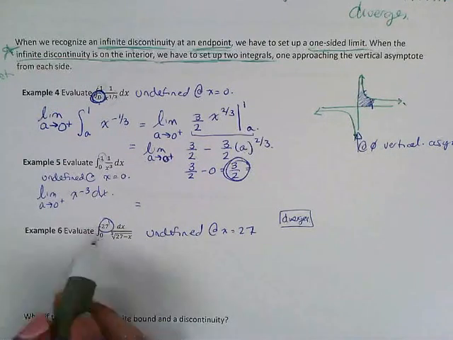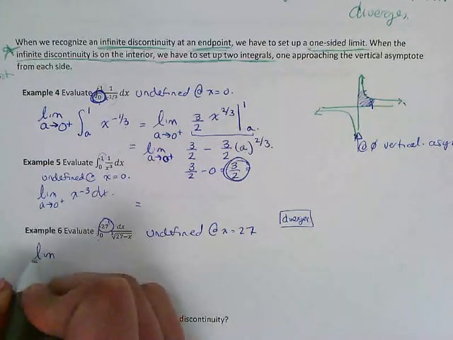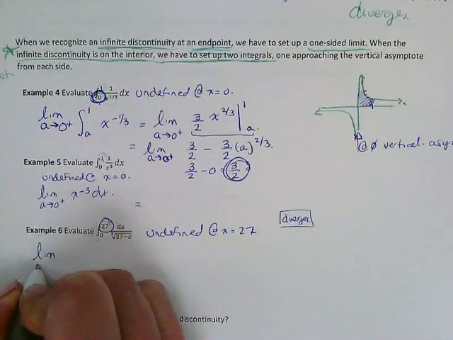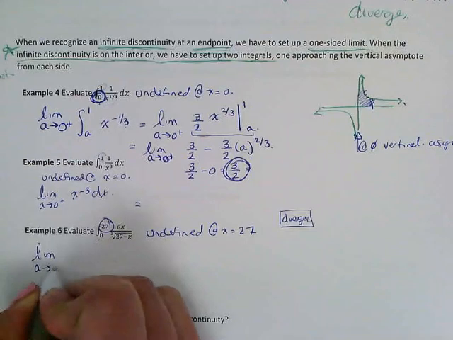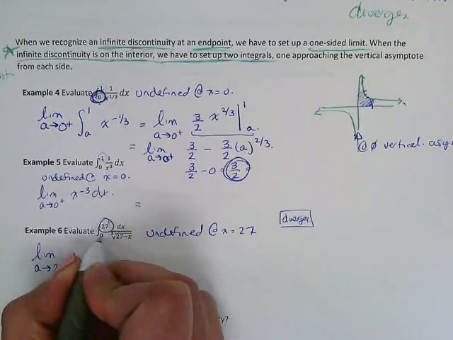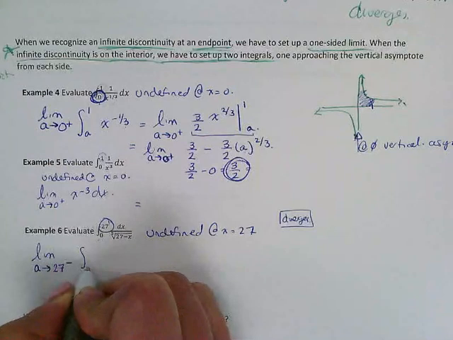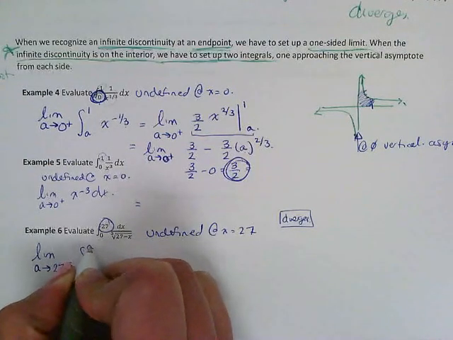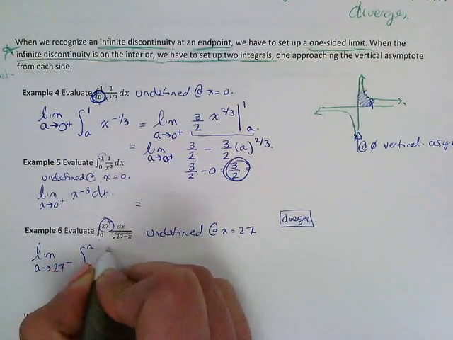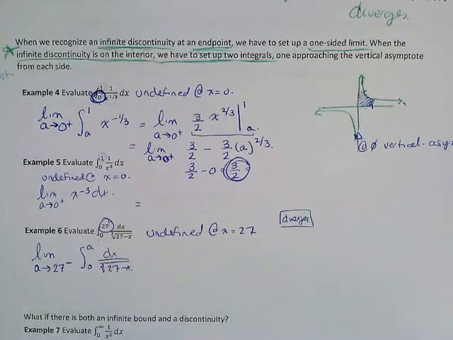So we're going to have to treat this like an improper integral and use the definition as the limit of a, or b, whatever letter you want to use, as it approaches 27, but here we're going to be approaching 27 from the left, of the integral from 0 to a. This is our improper portion of dx over the cube root of 27 minus x.